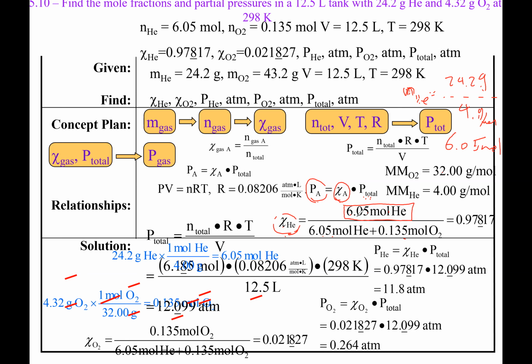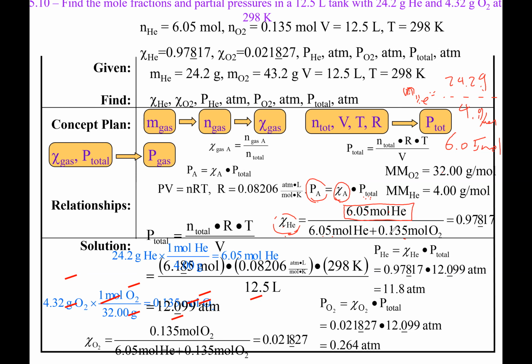So we have the mole fraction for helium, which is 0.9781. If you add the mole fractions for two gases, it adds up to 1. You can find the mole fraction of O2 by subtraction: 1 minus this number gives you the mole fraction for the oxygen.